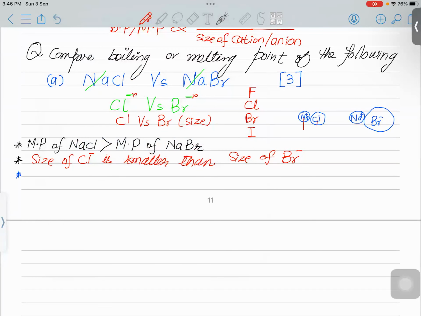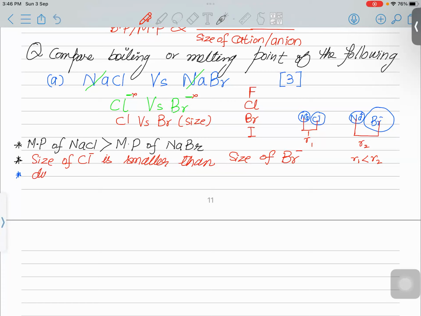If small size, small distance; big size, big distance. So R1 is less than R2. So if the distance is smaller, then the attraction between sodium and chloride is more than between sodium and bromide. Are you getting this point or not? Yes, sir.